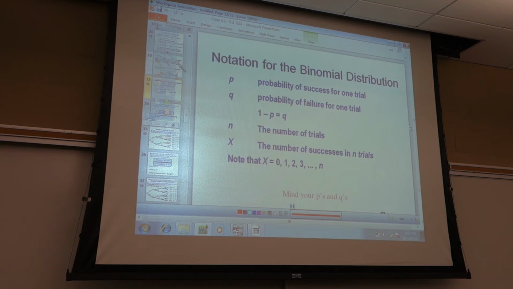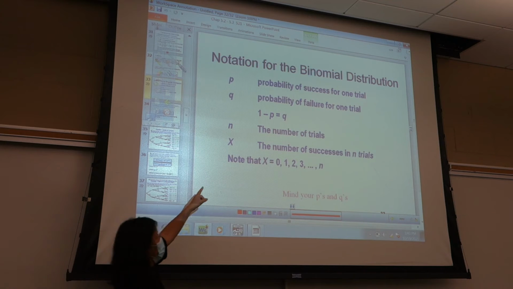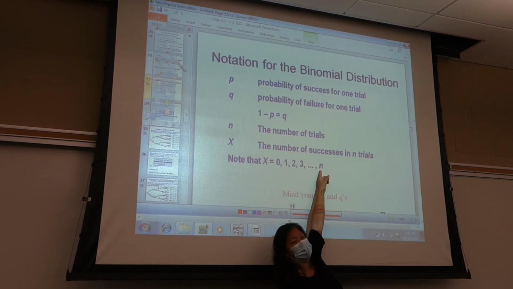And note, how many successes could you have? If I flip a coin 6 times, how many heads could I have? 6. Or, if I flip a coin 6 times, I could have 6 heads or what? Or 1 or 0. Don't forget 0 the hero. I could always have none, right? I could have anywhere from 0 up to 6 if I flip the coin 6 times. I can't have more than 6 if I flip it 6 times.